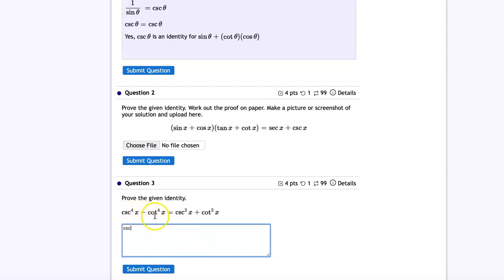But let's say I want to do this problem. I'm looking here at cosecant to the 4th minus cotangent to the 4th, and that is a difference of squares.